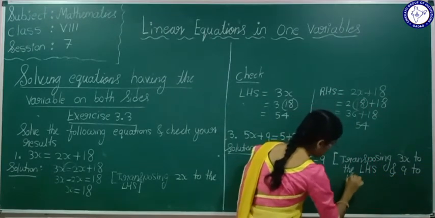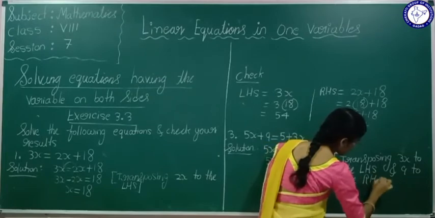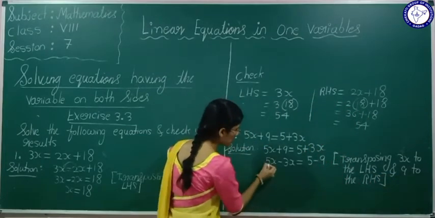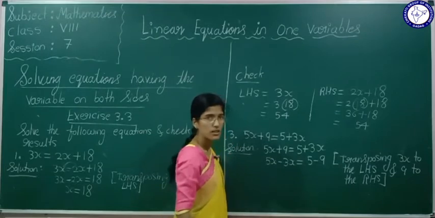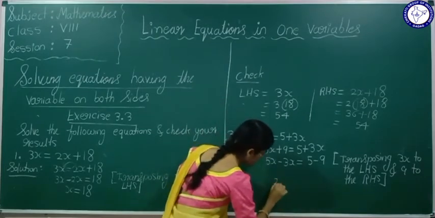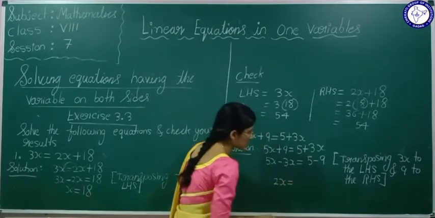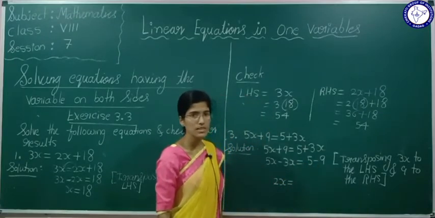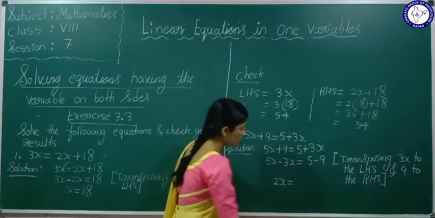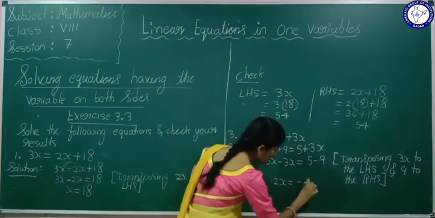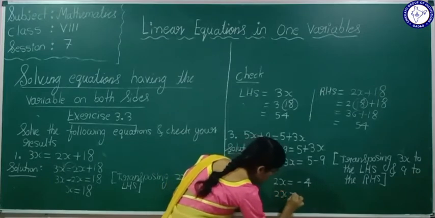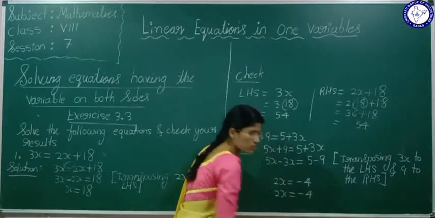So what is 5x minus 3x? 5x minus 3x is 2x. 2x is equal to, what is 5 minus 9? Minus 4. So 2x is equal to minus 4.